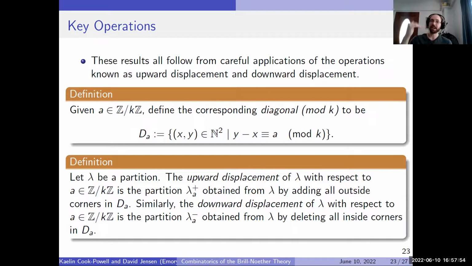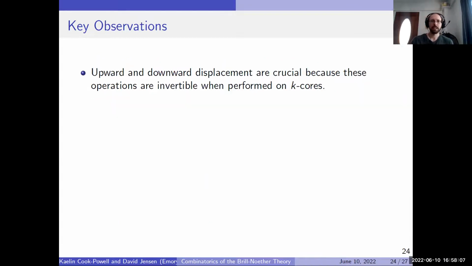So an outside corner is everything I could add and still have a partition, and an inside corner is everything I can delete that would still result in a partition. And why do I really care about these operations? Well, if you look at the family of k-core partitions, this ends up being an invertible operation, like they undo each other.